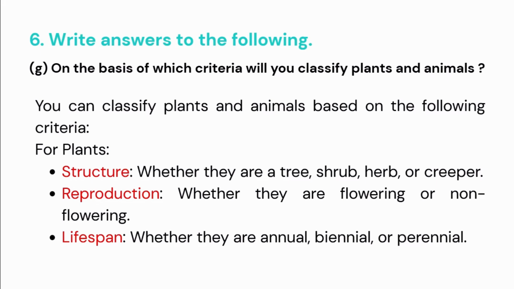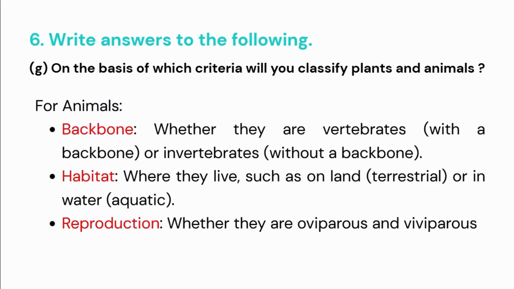For animals we can use backbone, whether they are vertebrates with a backbone or invertebrates without. Second is habitat, where they live, on land, terrestrial, or in water, aquatic. Third is reproduction, whether they are oviparous or viviparous.